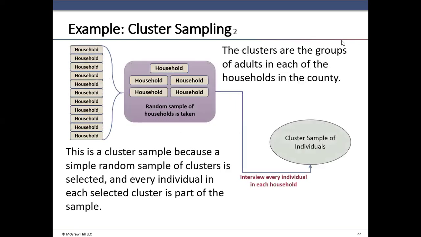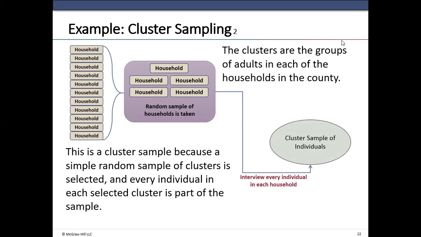The rectangular blocks on the left are the total number of households in the county. There are 11 households. From those 11 households, a simple random sample of 5 households is chosen, shown in the rectangular block in the center. The clusters are groups of adults in each household of the county.